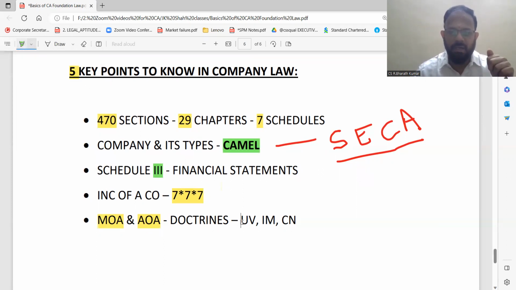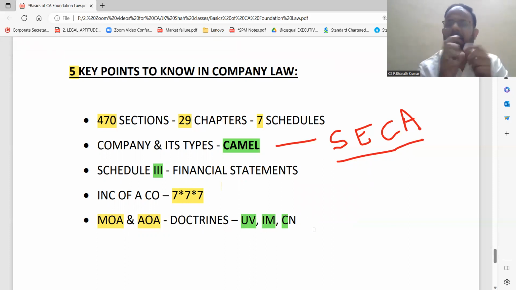You can remember that UV is ultra vires, IM is indoor management, CN is constructive notice. Indoor management and constructive notice are directly connected with AOA, which is your bylaws, rules, and regulations. Ultra vires is connected with your Memorandum of Association, which is the charter of the company.